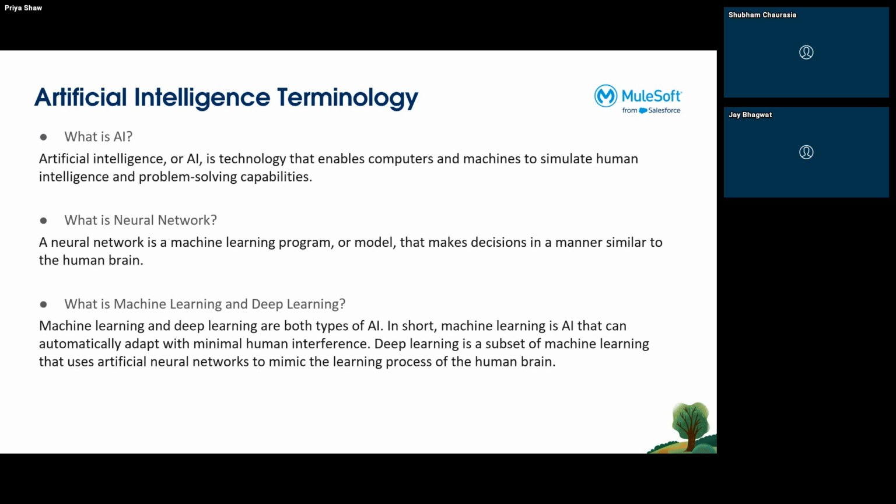In the field of AI you also hear the terms machine learning and deep learning being used interchangeably. These are basically algorithms which use neural networks behind the scenes. So what is a neural network? A neural network is a machine learning program or model that makes decisions in a manner similar to the human brain.